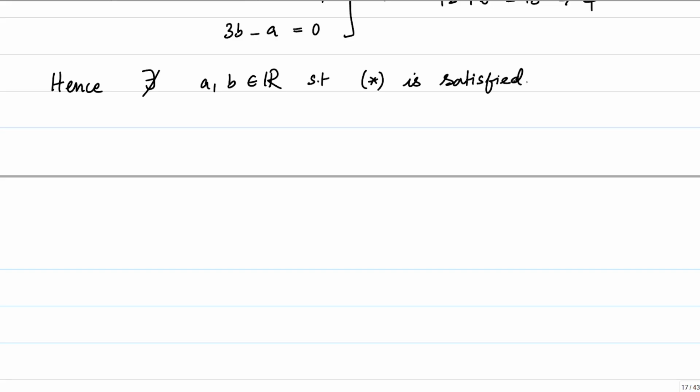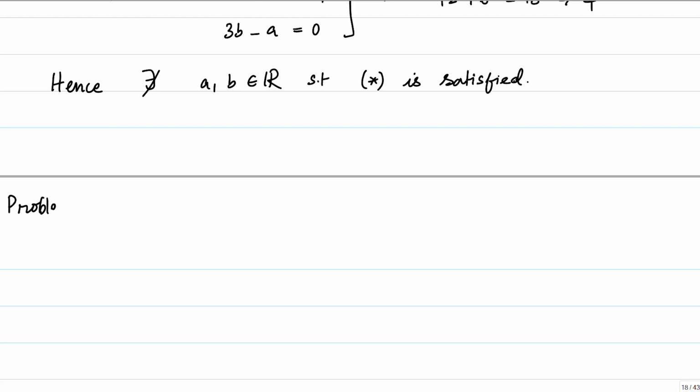Okay, so we have checked for one case where the first vector could be written down as a linear combination of the other two, and another in which the first vector cannot be written down as a linear combination of the other two. Okay, so the next problem involves the span.